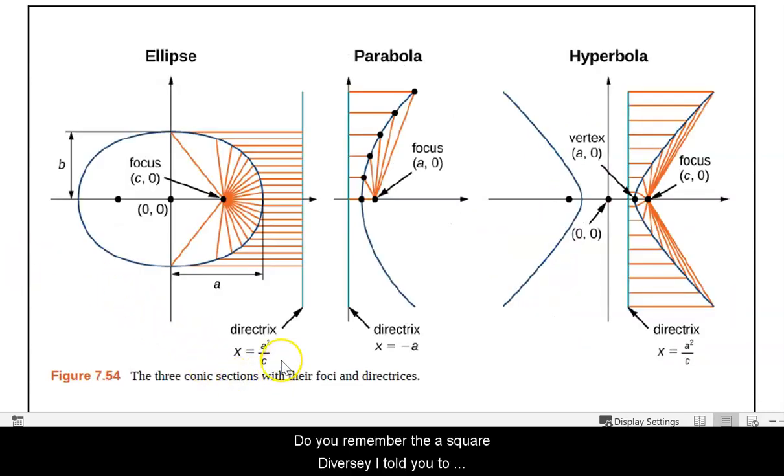Do you remember the a squared over c I told you to remember earlier? Notice here that it is on both the ellipse graph and the hyperbola graph. a squared over c is the distance from the center out to the directrix line. Now, if the center is not centered at the origin, then you can't write the equation of the directrix line directly with a squared divided by c. In this case, if this were (h, k), then the directrix line would be h plus a squared over c, and there is another one to the left at h minus a squared over c.